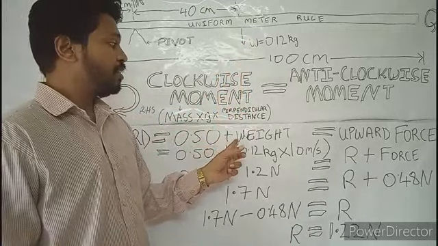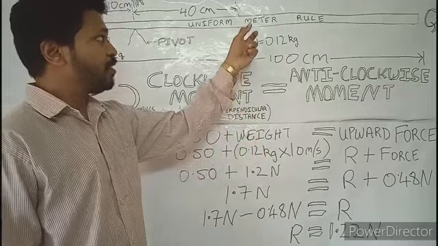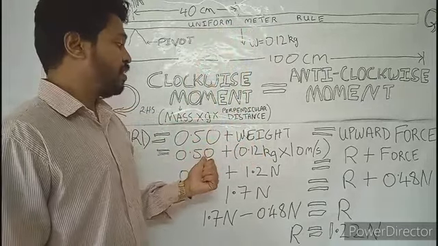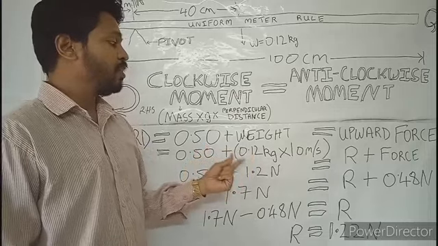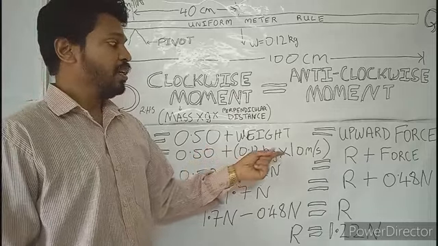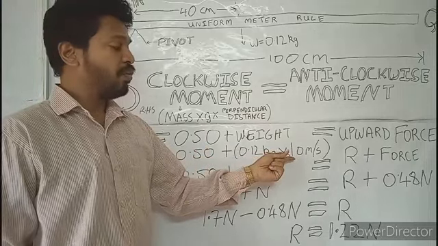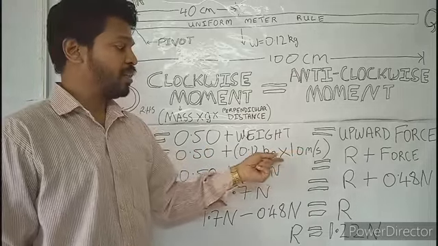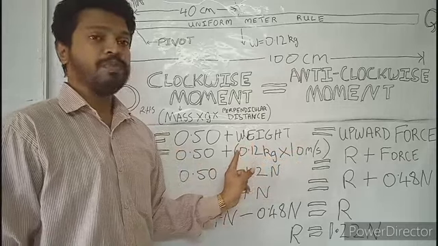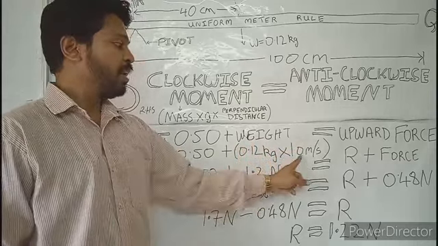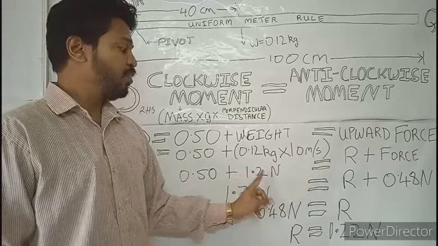This is the weight of the uniform meter rule, which is 0.12 kg times g. We are rounding g off to 10 meters per second squared, so that this quantity gets converted into newtons. If you multiply this, you will get 1.2 newtons.